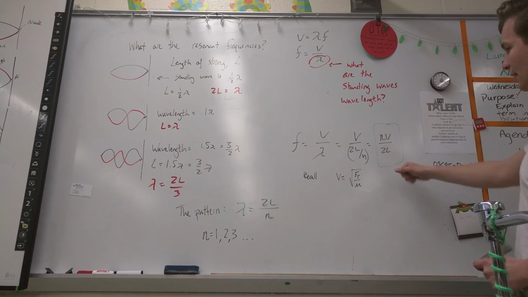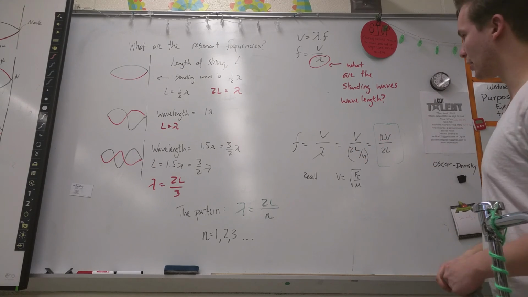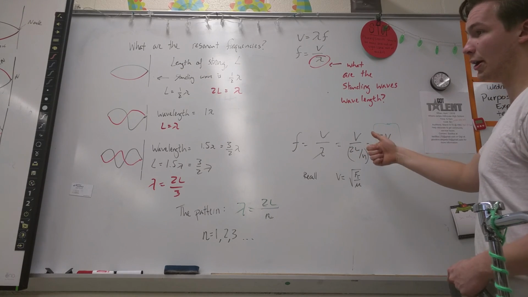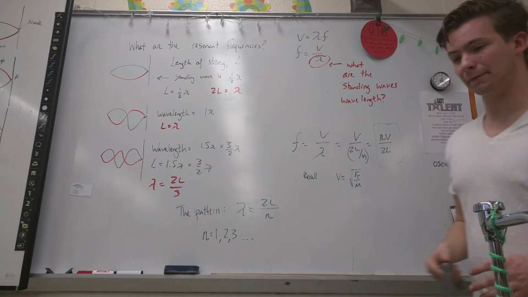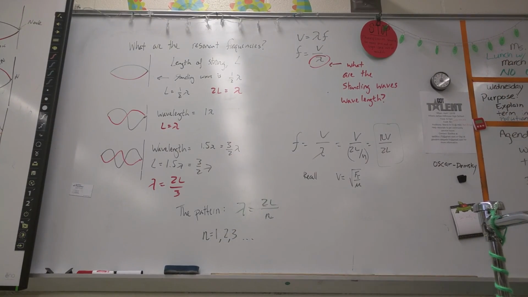And just know that this n could be any integer. The higher the integer, the more wavelengths we have in our standing wave. All right, that's it for now. See you soon.